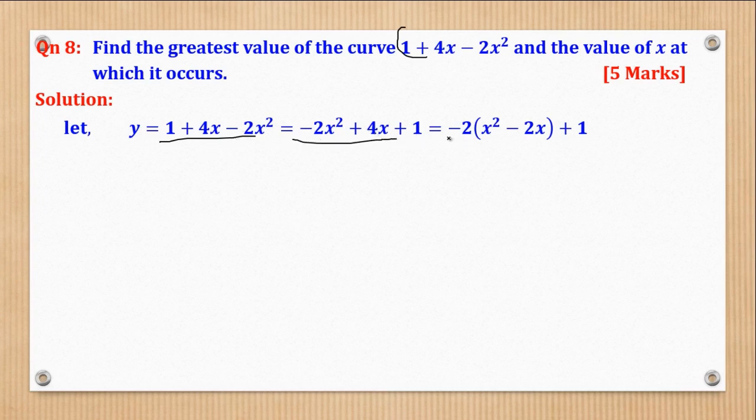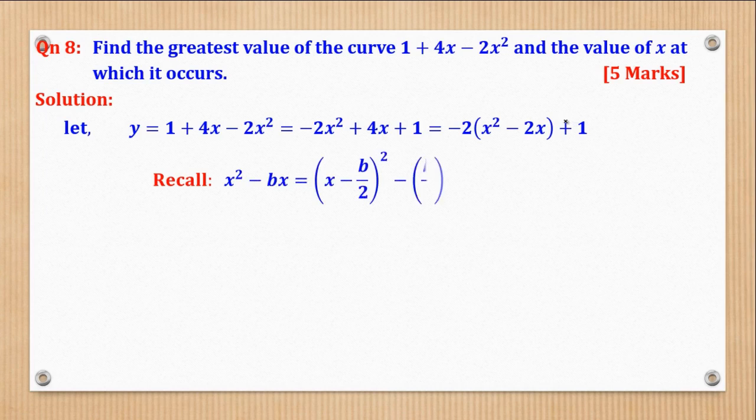Then I factorize out -2 in these two terms which have x. It is okay to include also 1 in the factorization, but what we are interested in when we are completing squares are the two terms, one of x squared and another one of x. That is why I chose to leave out this 1.